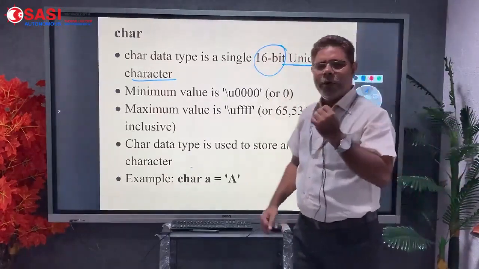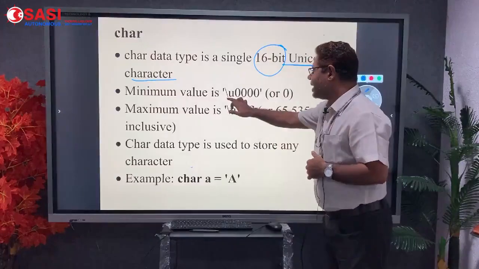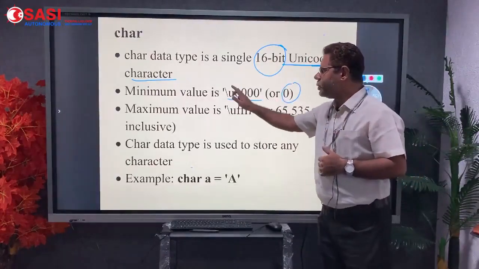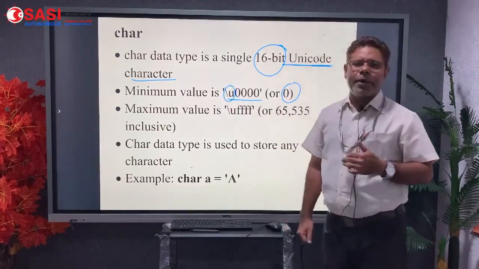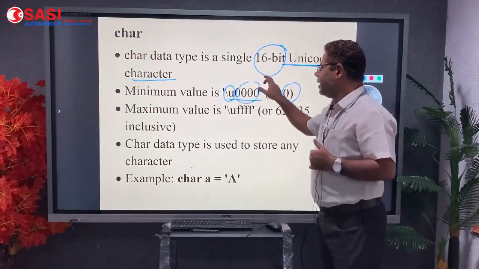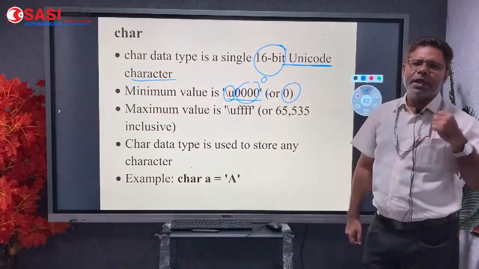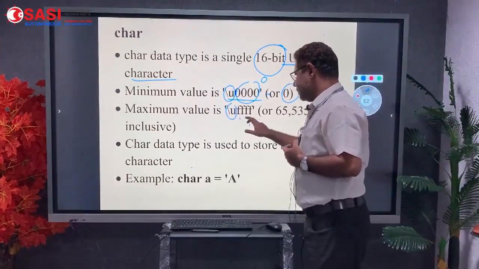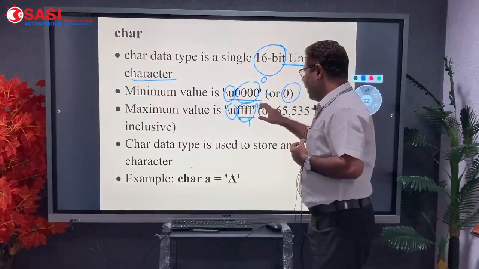Here the minimum value of the char is \u0000, that is simply called 0. The \u specifies the Unicode format and 0000 specifies the 0. Next, the maximum value of the character is \uFFFF. This is the hexadecimal format.